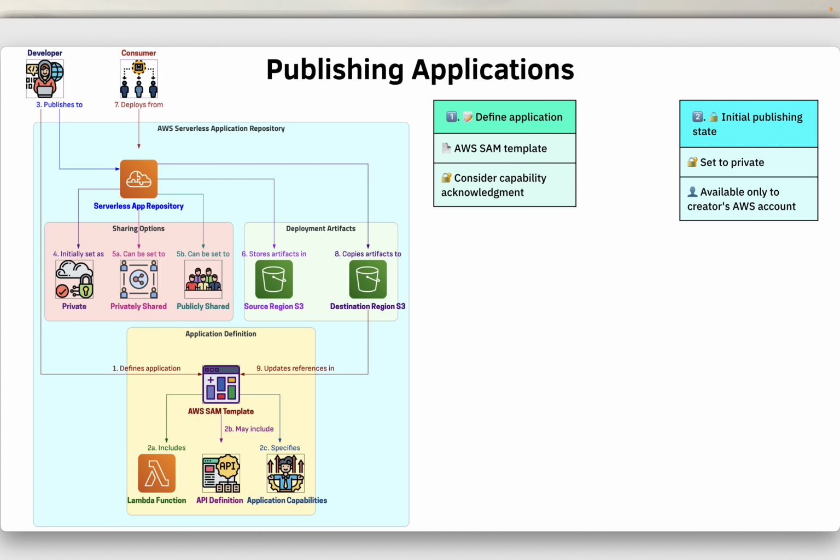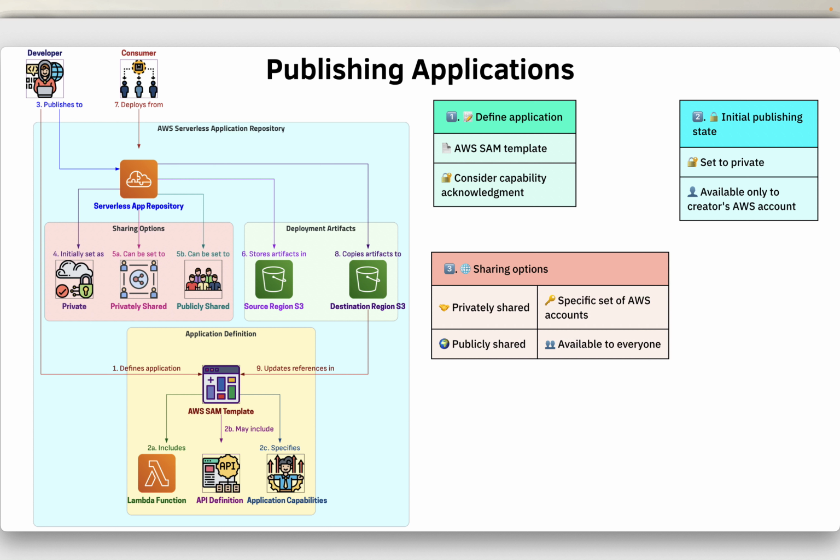When initially published, the application is set to private, meaning it's only accessible to the AWS account that has created it. To share your application with others, you can set it to either privately shared, which is accessible to a specific set of AWS accounts, or publicly shared, which is accessible to everyone.